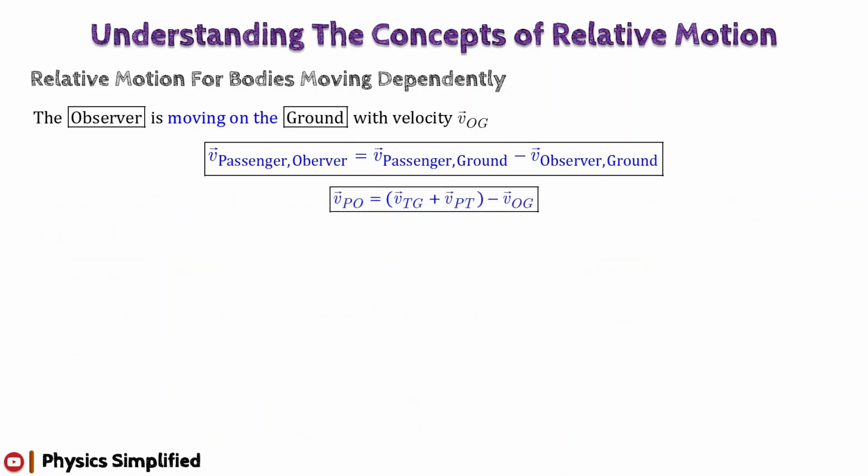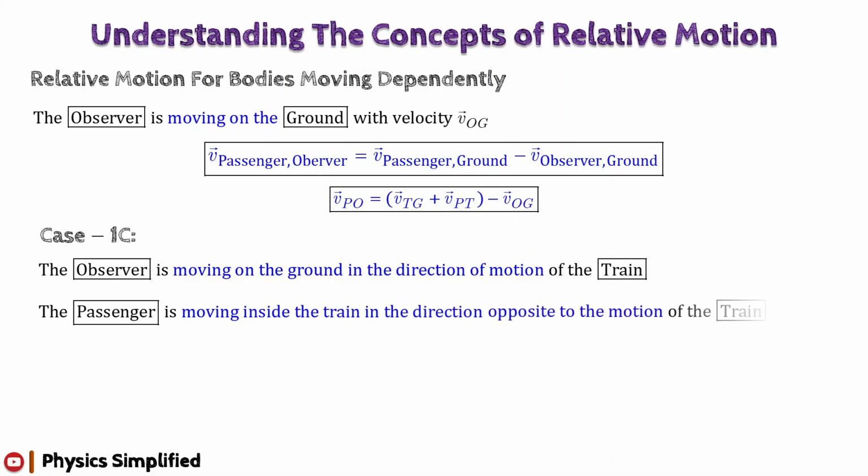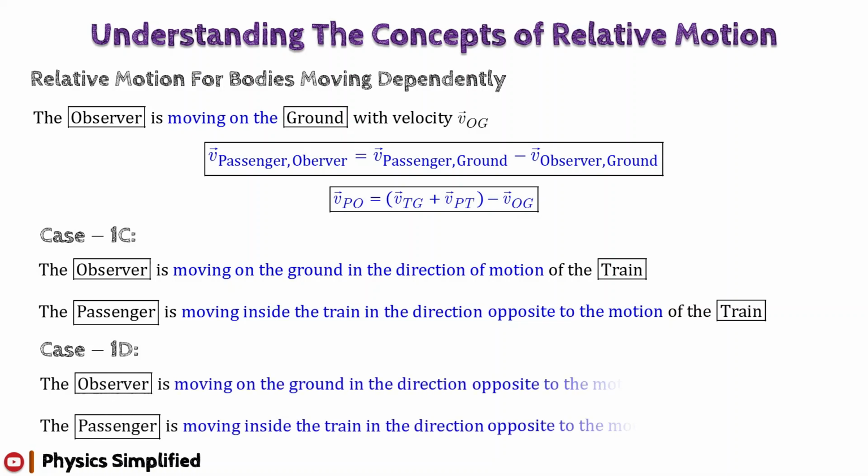In the third subcase, we will find that the observer is now moving on the ground in the same direction as that of the train, but the passenger inside the train is moving opposite to the direction of motion of the train. And in the fourth subcase, we will find that both the observer on the ground and the passenger inside the train are moving opposite to the direction of motion of the train.